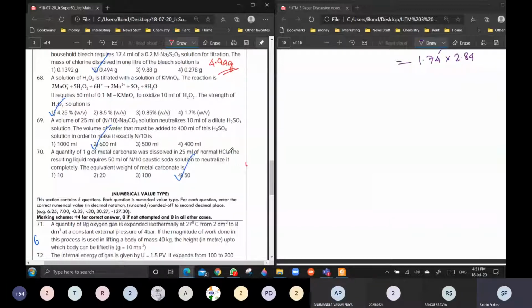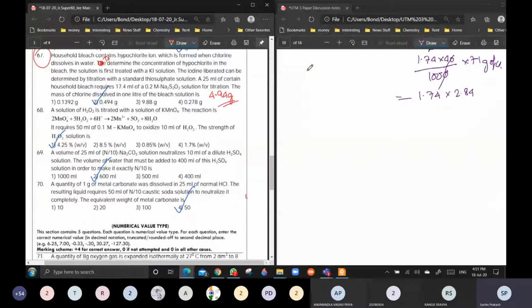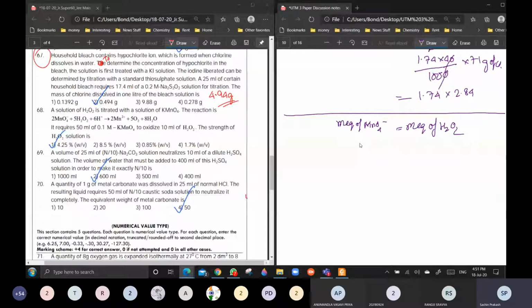Okay. You see, you have to just calculate a molarity and from that you will get the answer. Milliequivalents of MnO4 minus will be equal to milliequivalents of H2O2. MnO4 minus is going to Mn2 plus, so its N factor will be 5 into volume is 50 into 0.1. That is equal to 10 into N factor 2 into molarity M. So from this, 25 by 20 is molarity of H2O2, which is 1.25 molar.